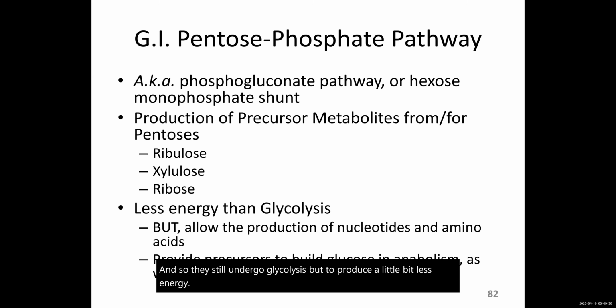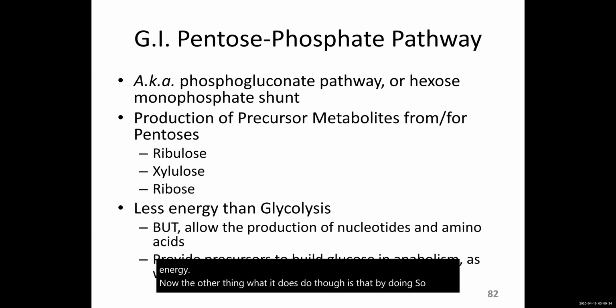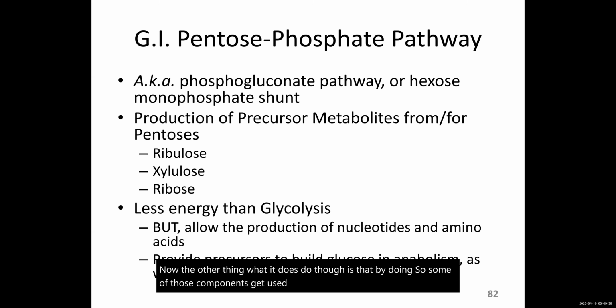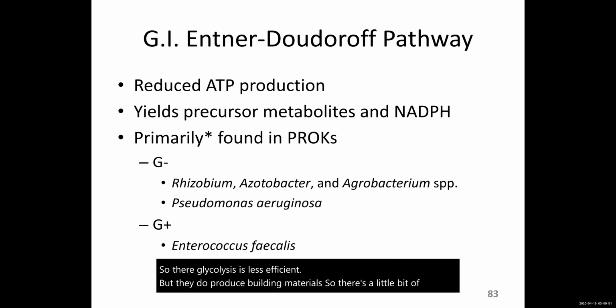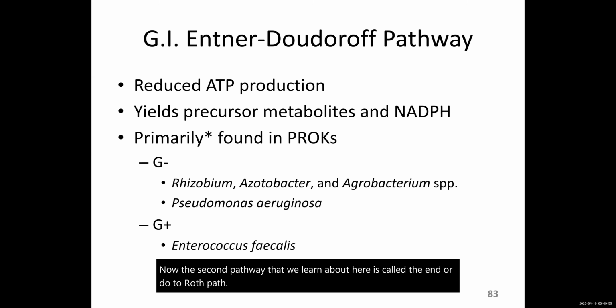Now, what it does do, though, is that by doing so, some of those components get turned into what we call precursor metabolites, meaning we use them for building materials instead. So their glycolysis is less efficient, but they do produce building materials. So there's a little bit of an exchange there. Now, the second pathway that we learn about here is called the Entner-Doudoroff pathway. Same idea, same premise.